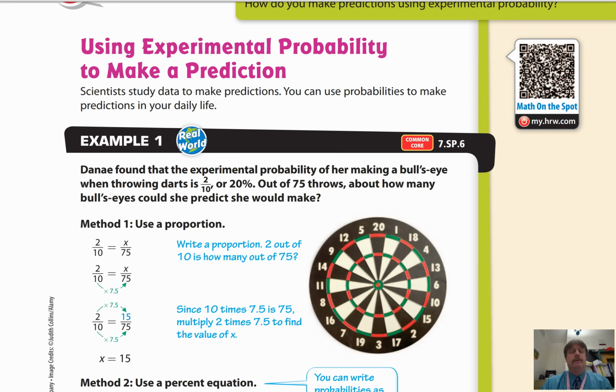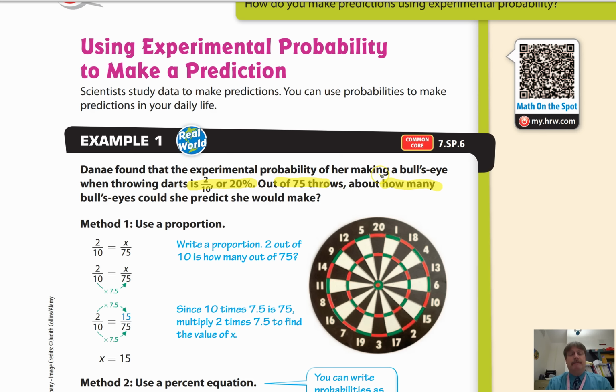So here we're going to use experimental probabilities to make a prediction, and we have an example here. Dana found that the experimental probability of her making a bullseye when throwing darts is 2/10 or 20%. Out of 75 throws, about how many bullseyes could she predict she would make?